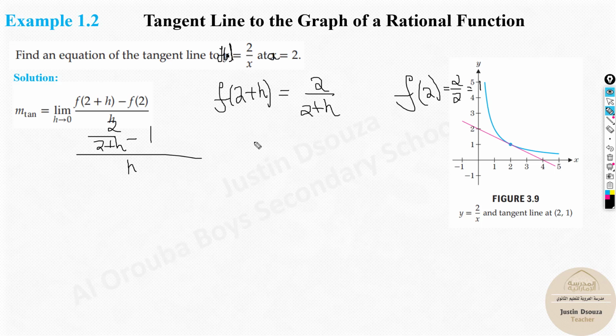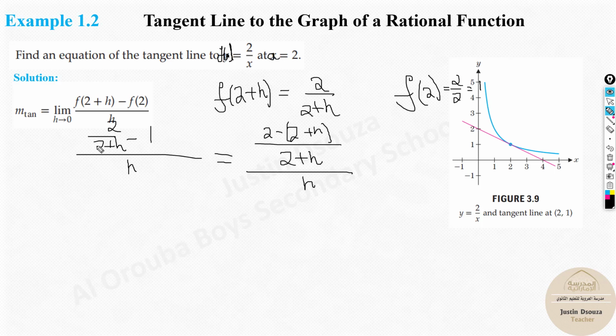How do you simplify? Take the common term. Here it will be 2 plus h. Basically, you're multiplying and dividing 1 with 2 plus h. So you'll have a common denominator, and then it will be 2 minus (2 plus h), in brackets, divided by h.